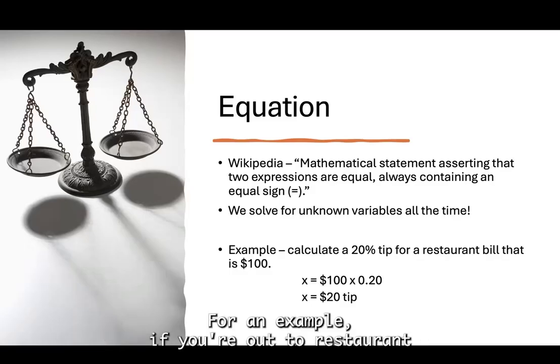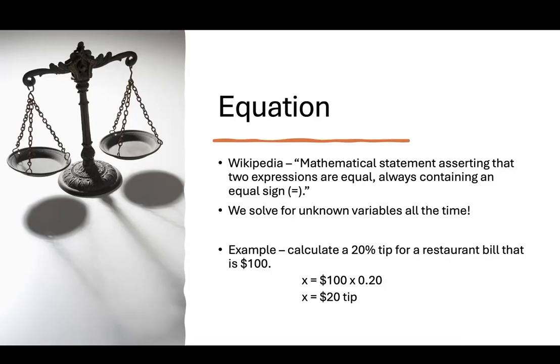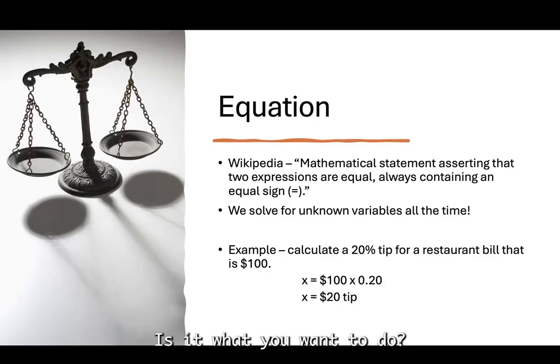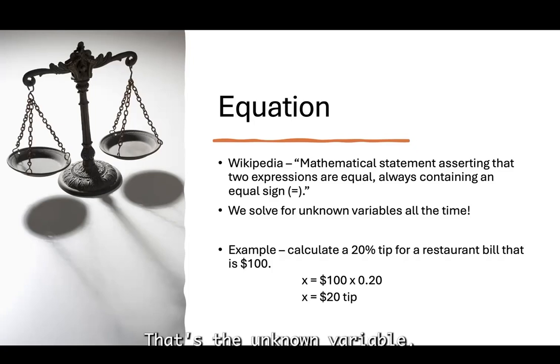For an example, if you're out to a restaurant and you have a $100 restaurant bill and you need to calculate a 20% tip, sure, most restaurants now put that number on there for you, but is it correct? Is it what you want to do? And so in this case, we'd be solving for X, the amount of the tip. That's the unknown variable.